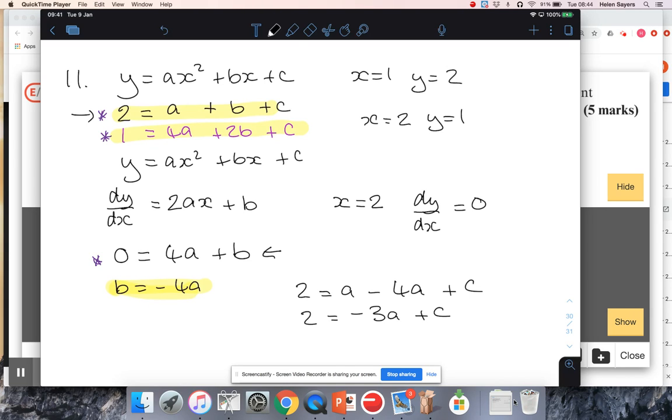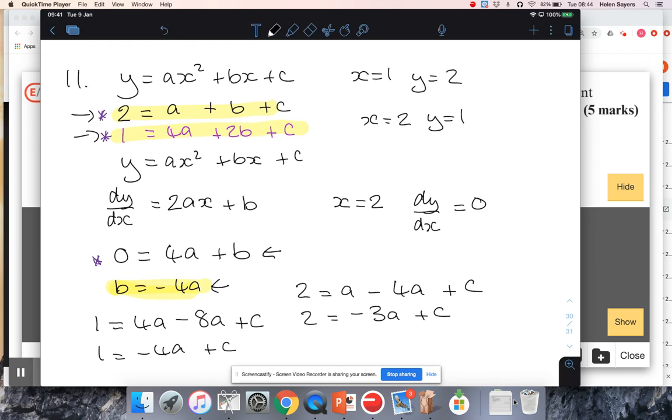And then if I do the same thing with this one, let's write that one over here, 1 equals 4a, and then 2b is going to be that times 2, so minus 8a plus c. So that will simplify to minus 4a plus c.